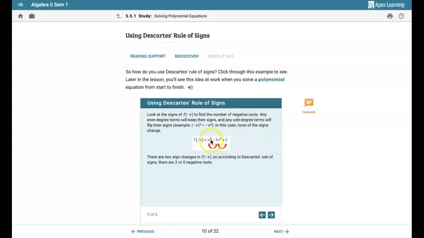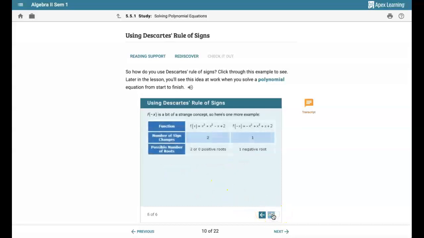But something like x to the 4th is negative x times negative x times negative x times negative x, and all those negative signs cancel, so this is still positive. We then go back in and count the number of sign changes. This is still 2, so we either have 2 or 0 negative real roots.